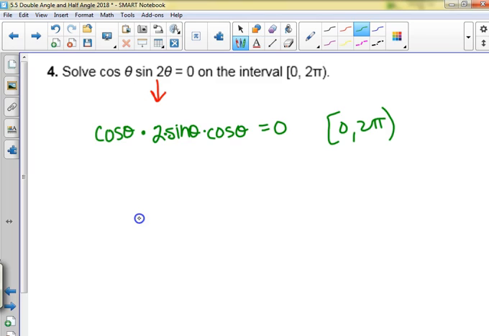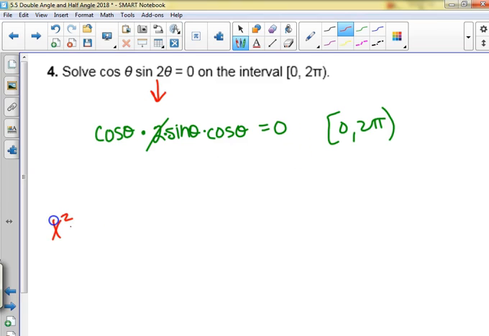Okay. Now what? Well, I could divide by 2. That would go away, right? So what else do I have? Cosine equals 0, or sine equals 0, right? Or cosine squared equals 0. Does it matter? No.